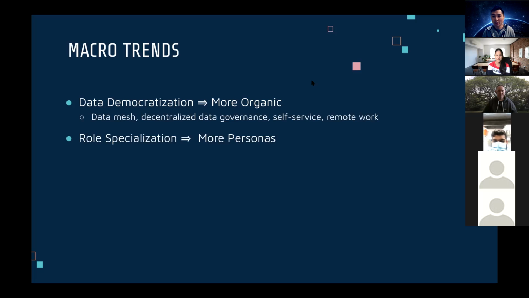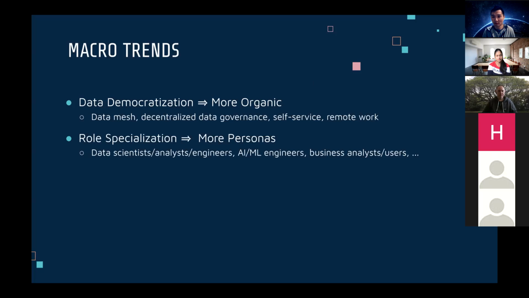And you start hearing more and more of these different data-related roles: data scientists, analysts, engineers, AI and ML engineers, business analysts, users, and so on. So you start having all these different personas come into the data world, whereas it used to be very simple, maybe just the engineers around and maybe a data scientist trying to use the data. Now you have an ecosystem that's trying to serve multiple personas.